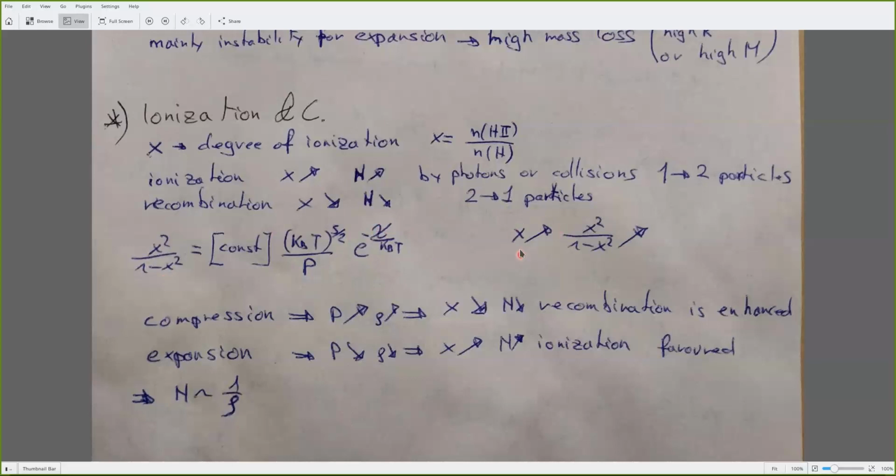We can see that if you increase the degree of ionization, this part increases. Essentially it is 0 if here you see 0. If you proceed to a little less than 1, this causes a really rapid increase in this way.